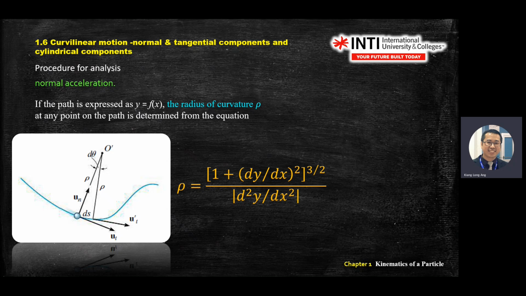Normal acceleration is v squared divided by rho. Sometimes your rho won't be given, especially in the final exam question. So don't panic and say, oh sir, I don't have this, cannot do.